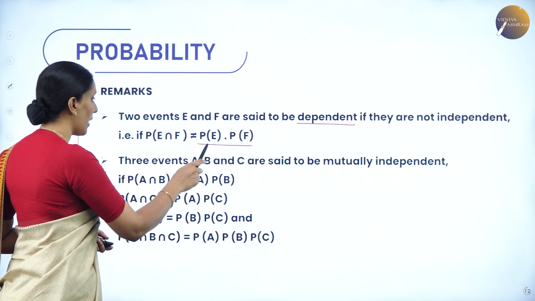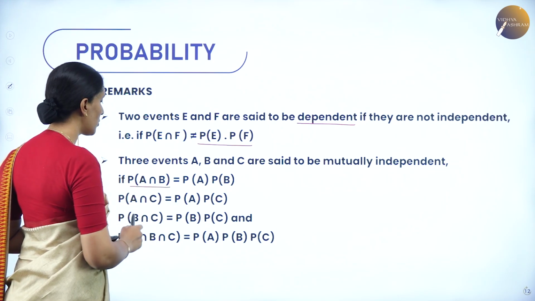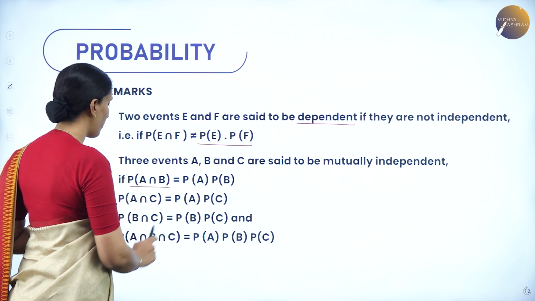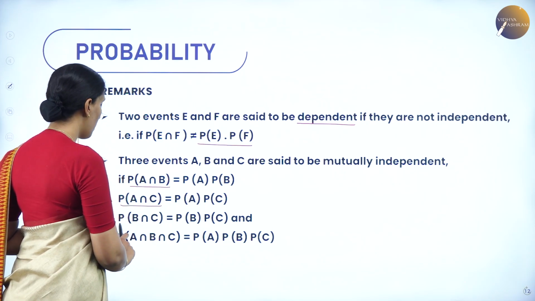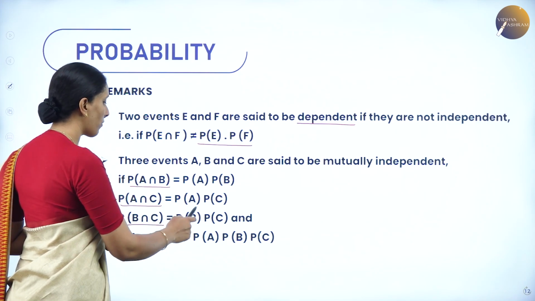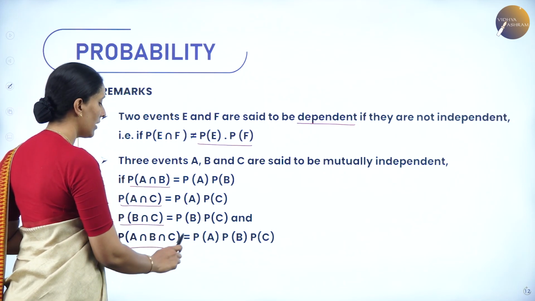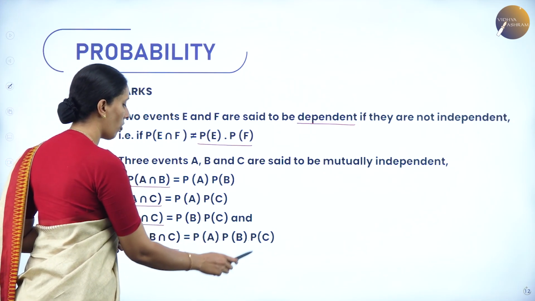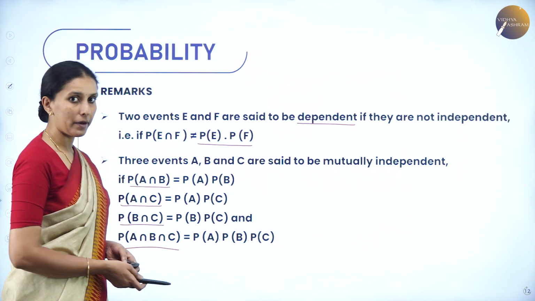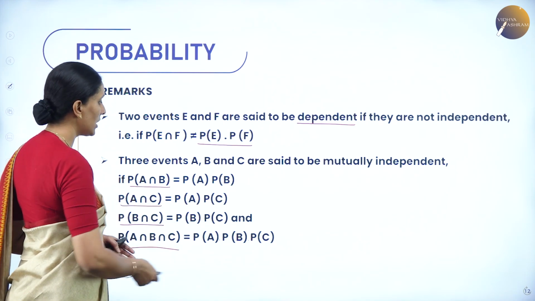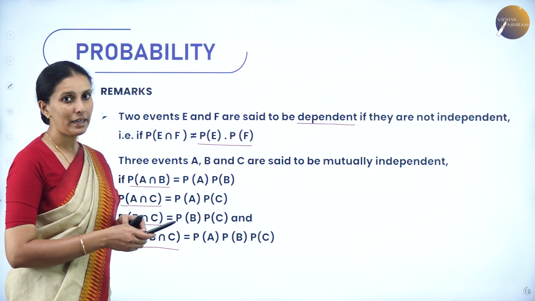That is, if A, B, C are mutually independent events, then probability of A intersection B is P of A times P of B. Similarly, probability of A intersection C is P of A times P of C. Probability of B intersection C is P of B times P of C, and hence probability of A intersection B intersection C is P of A times P of B times P of C. So the concept of the multiplication theorem is extended in terms of independent events, and hence we can define this up to n number of events if they are mutually independent events.